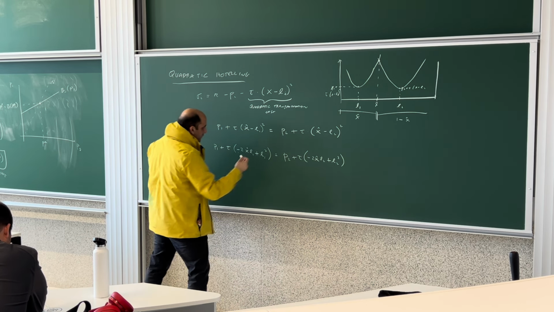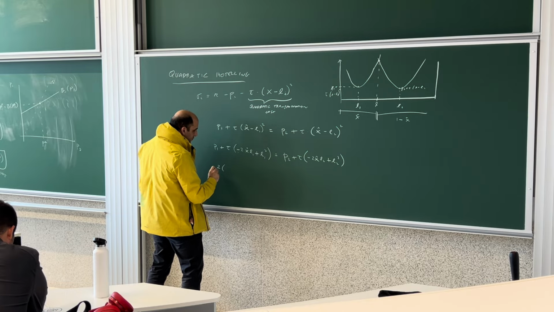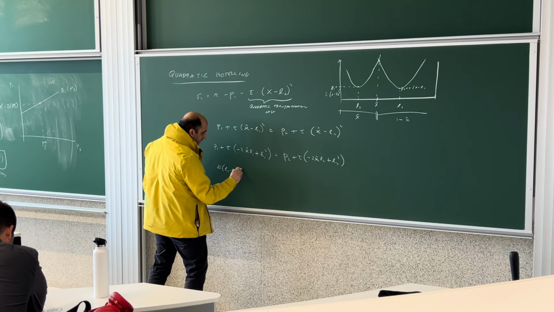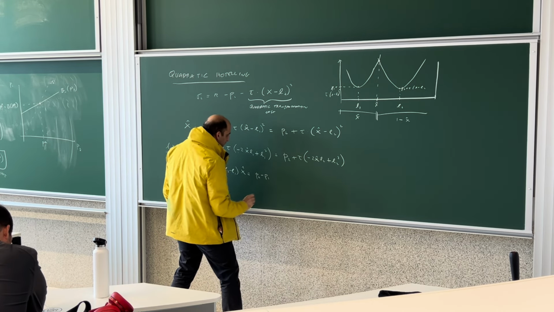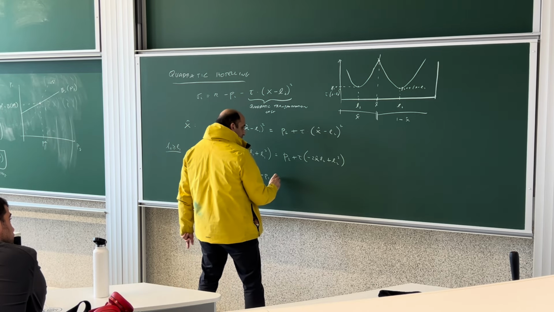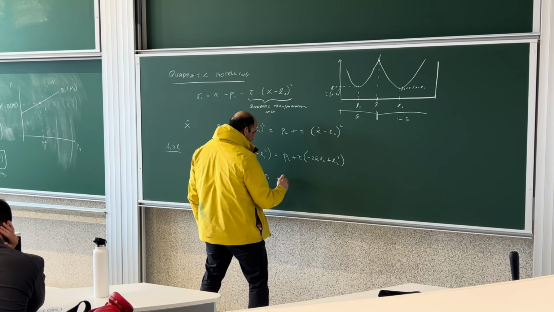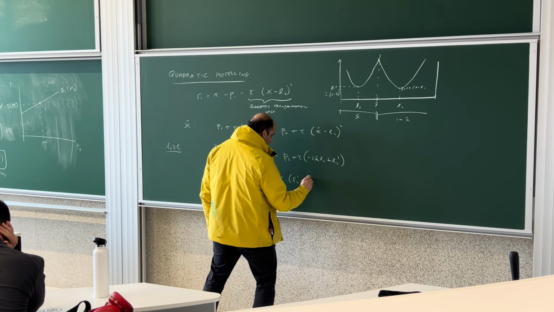So then I'm bringing this one here, and then we're going to have 2 times tau times L2 minus L1 times x hat is equal to P2 minus P1 plus tau times L2 squared minus L1 squared.